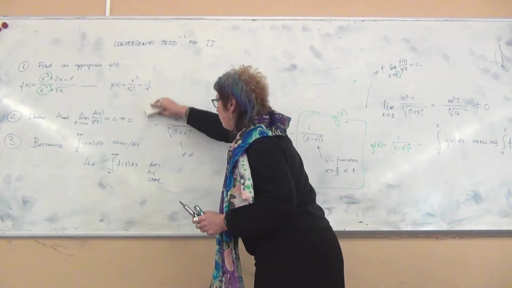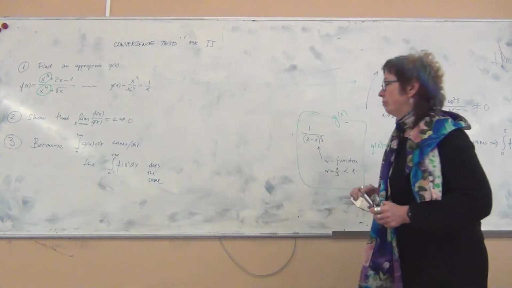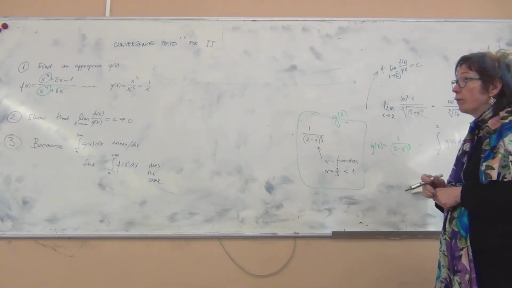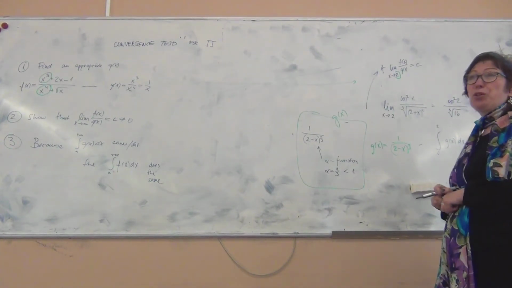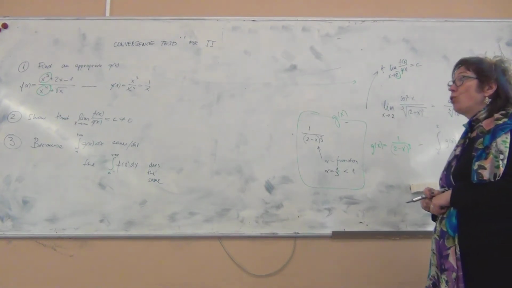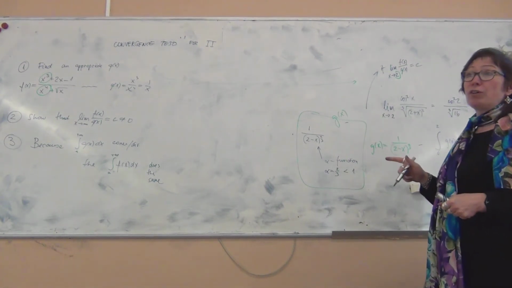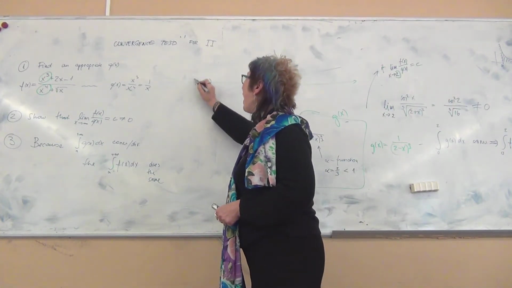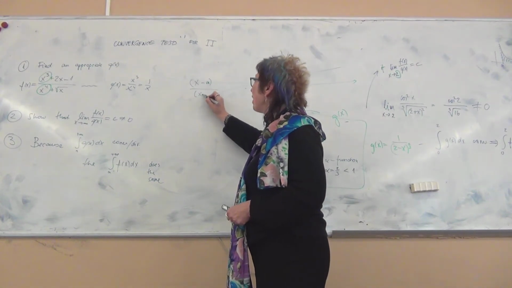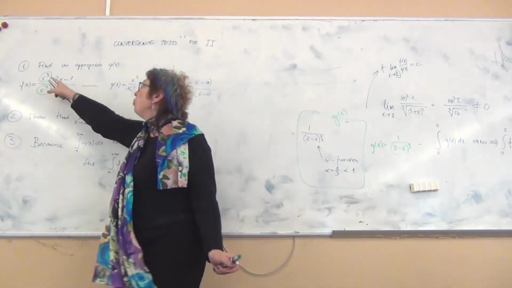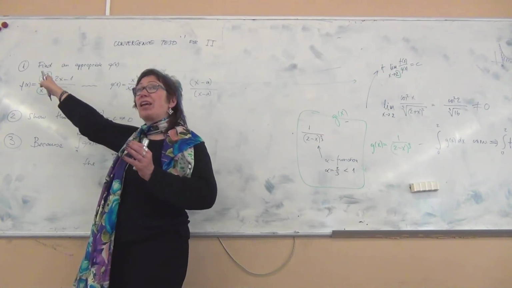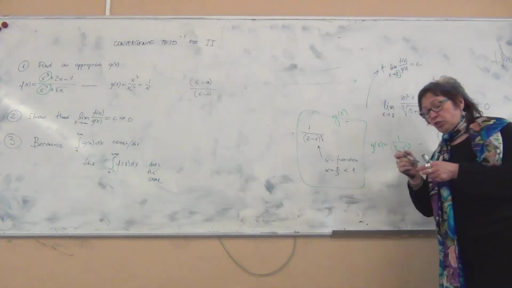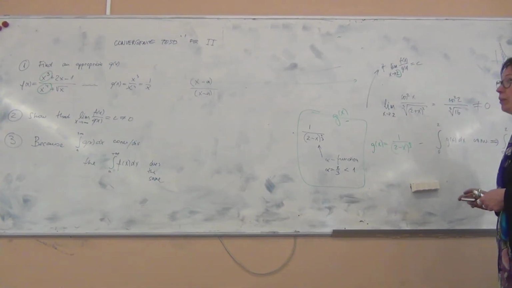Now I will erase this part. For the type 2 integral, we try to compare not x powers themselves, but x minus a powers. We should separate the highest x minus a power there, which is algebraically perhaps a little bit more messy.